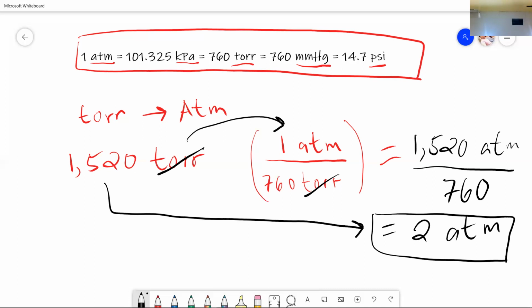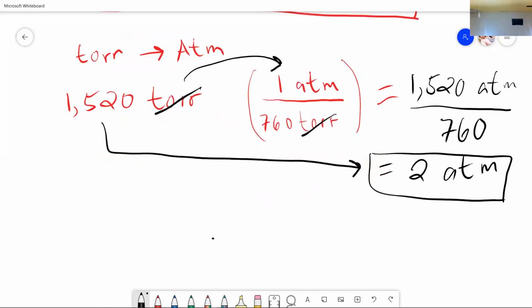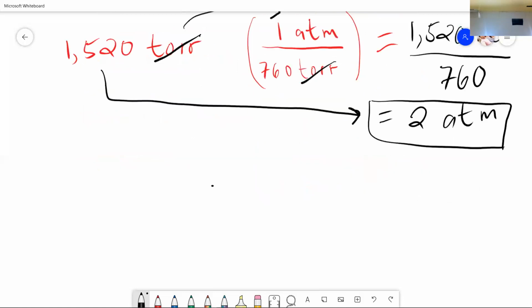Next, what if you are going to convert 3 ATM to torr? How are you going to do that?